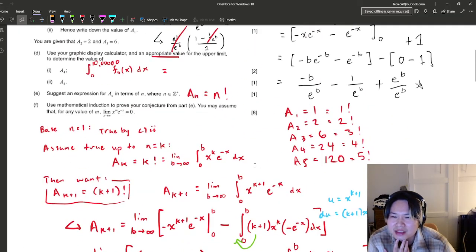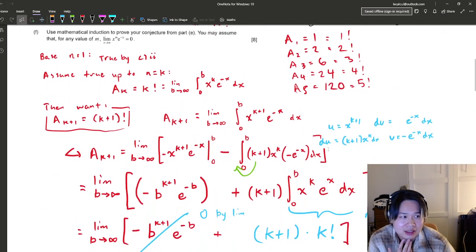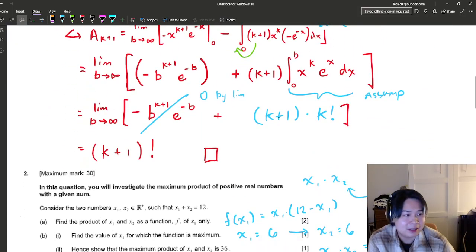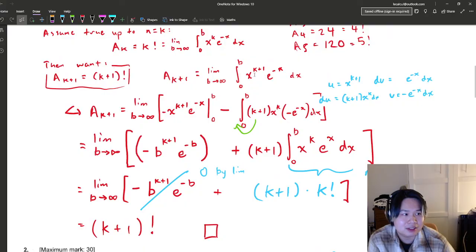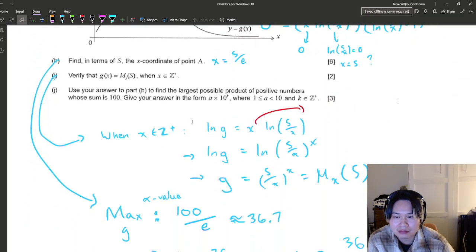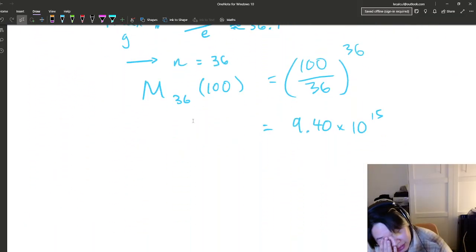This one is okay. Again, you need to see this pattern, and then the proof by induction is tough. You need to realize that you need to do another integration by parts. But, meh. It's not that bad.